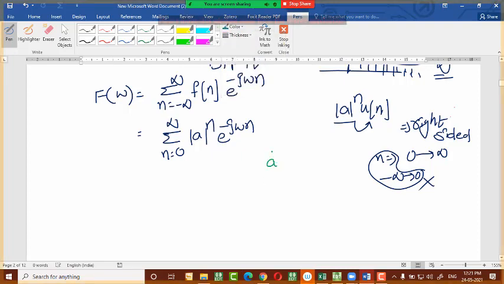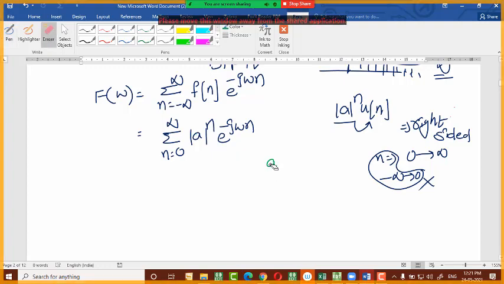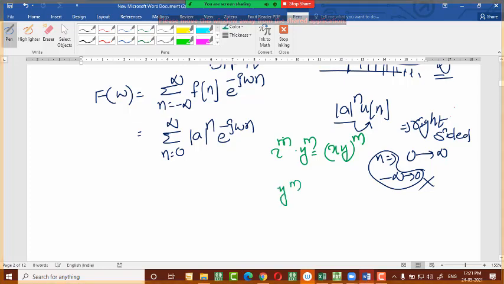I will write in terms of x. x power m into y power m can be written as xy whole power m. Next, y power m whole power n can be written as y power m into n. Here multiplication will be done.